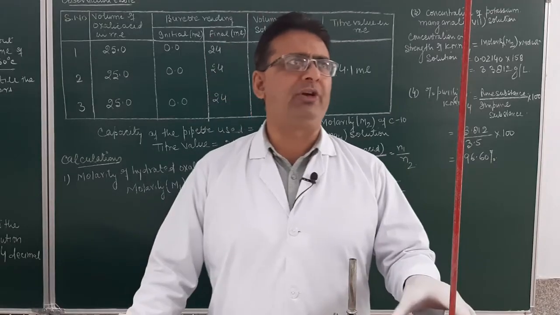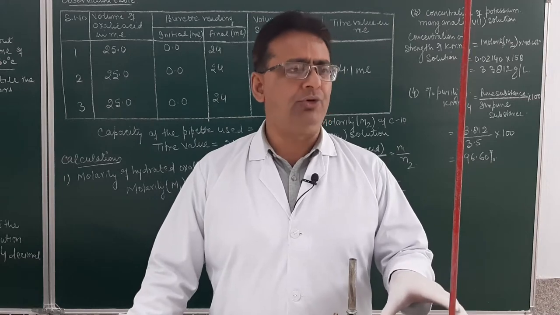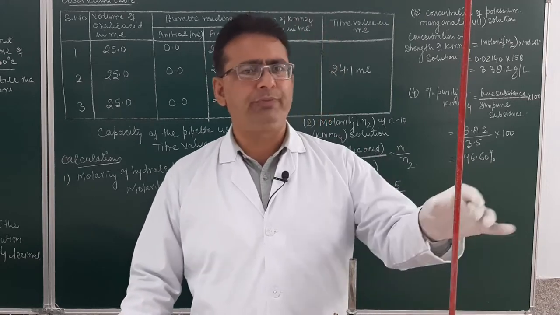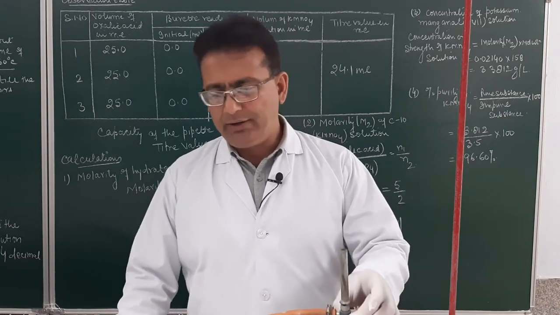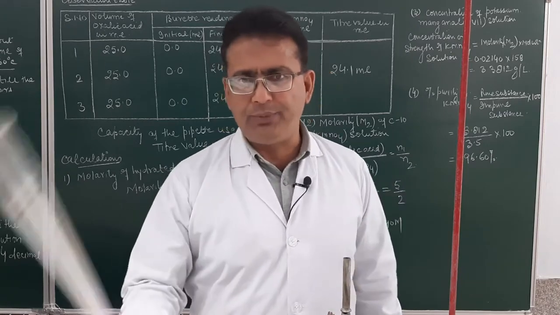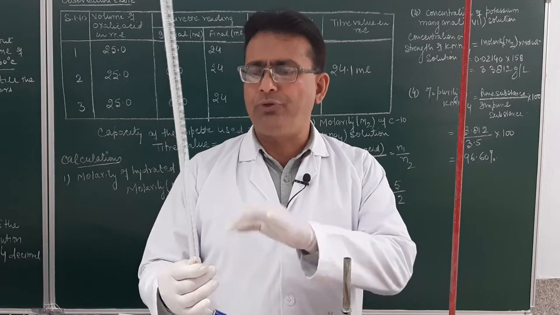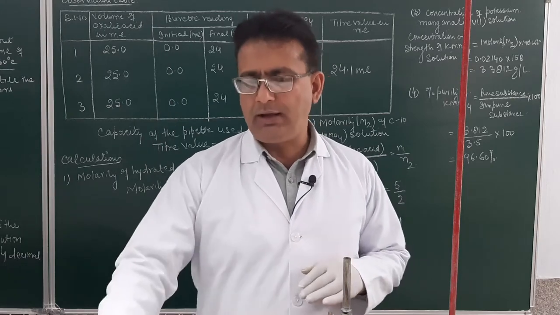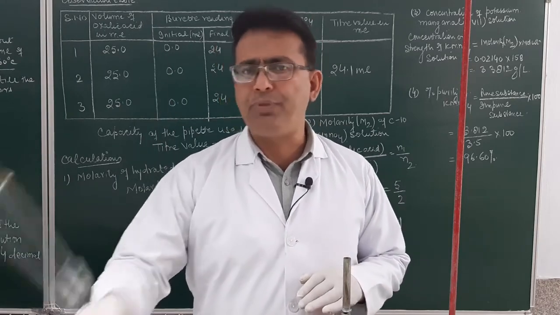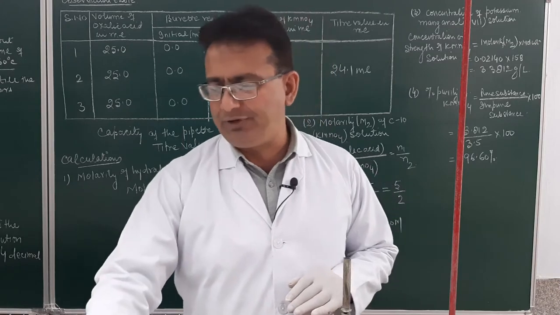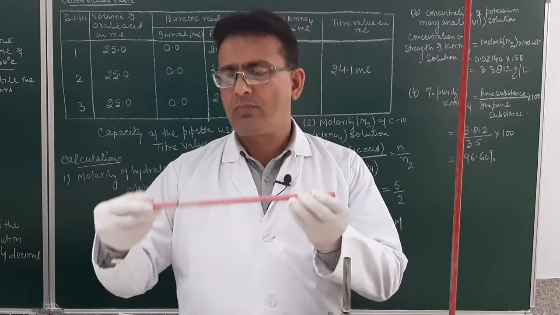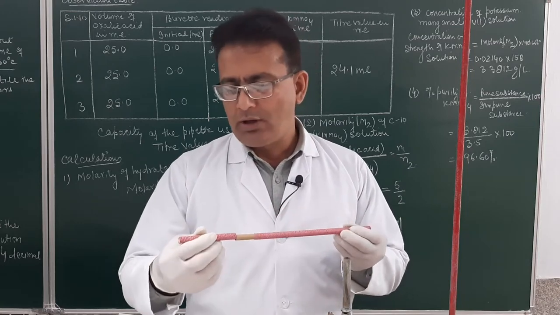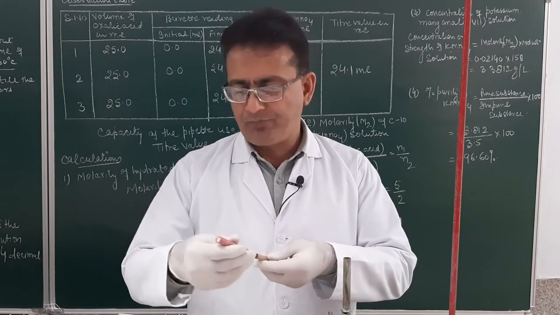For the demonstration part, again I will let you get accustomed with the apparatus used. This is a clamp stand. This is a burner. This is a burette which is marked from 0 to 50. Then we have a pipette of 25 ml capacity. This is a thermometer.